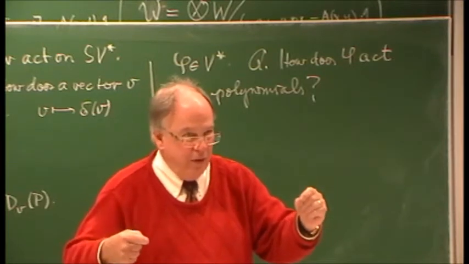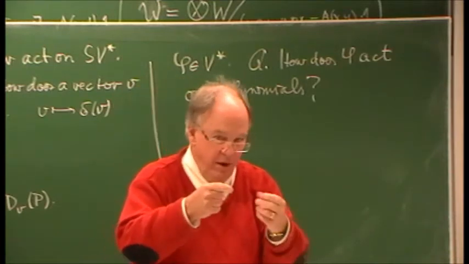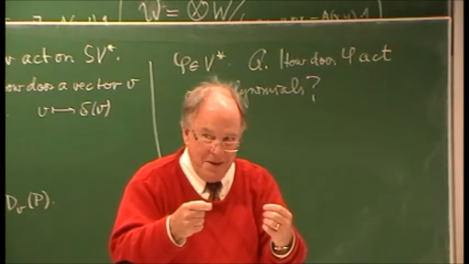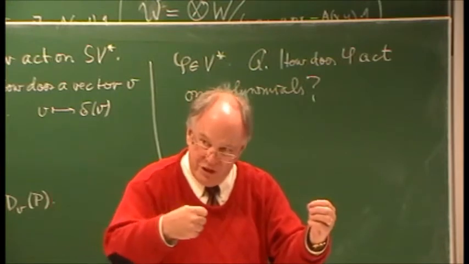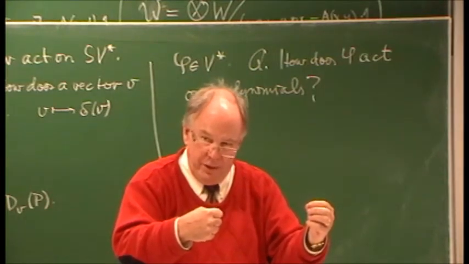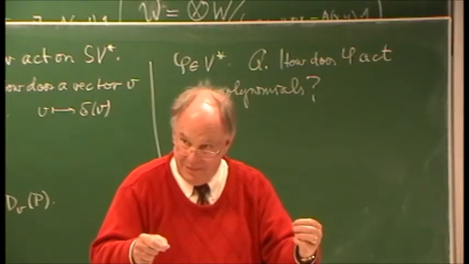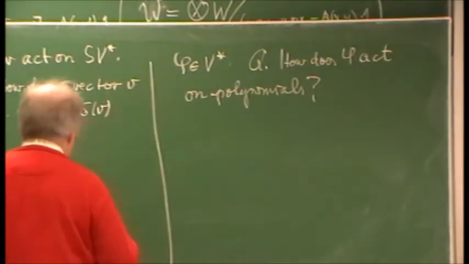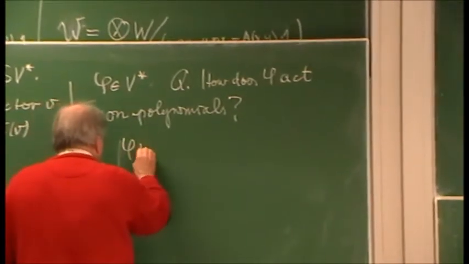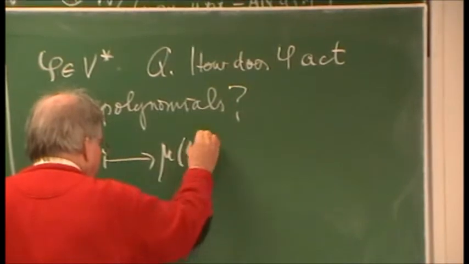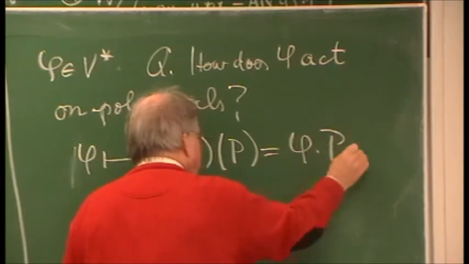If you believe that these operators are called creation and annihilation operators, and you believe that the degree of a monomial is some measurement of the number of particles in the system or something, with partial differentiation, you annihilate particles. With multiplication, you create particles. These things are represented as annihilation and creation operators. So phi goes to the multiplication operator, where multiplication operator of phi just means, in the symmetric sense, you multiply.